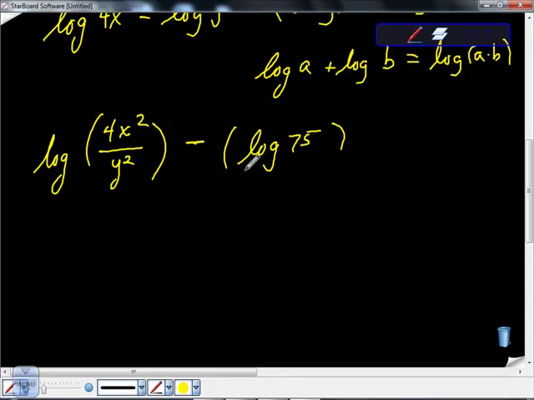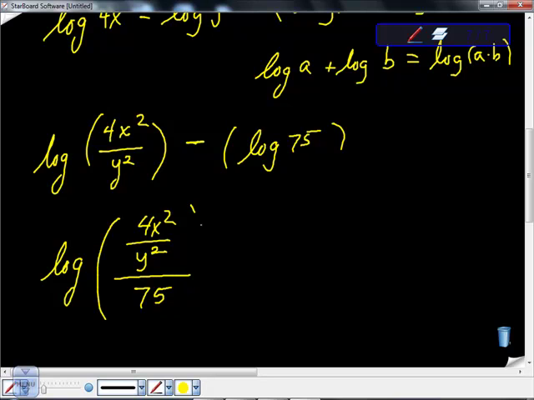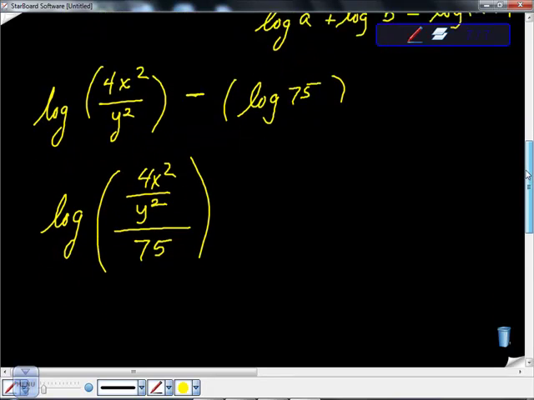Go back to that second row. We have to divide again. We get log of 4x squared over y squared, divided by 75. You could leave it like this, but you'd confuse the heck out of somebody.